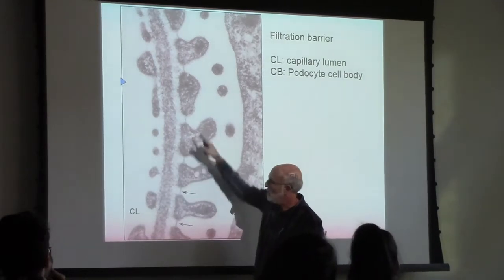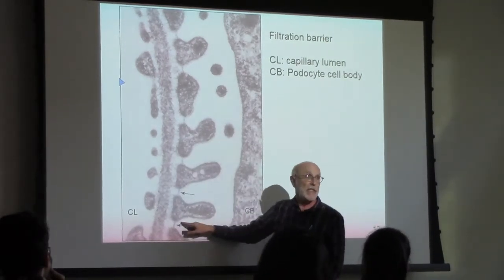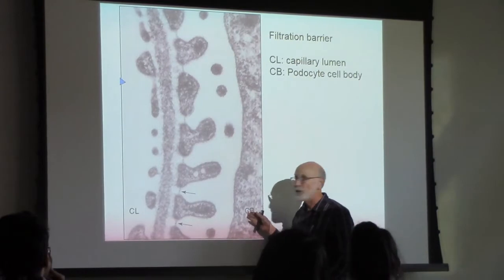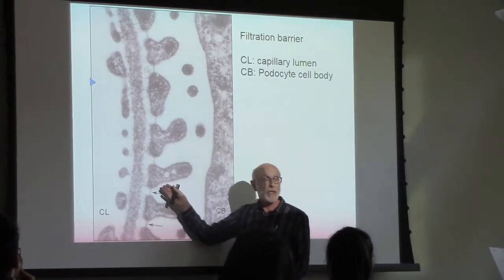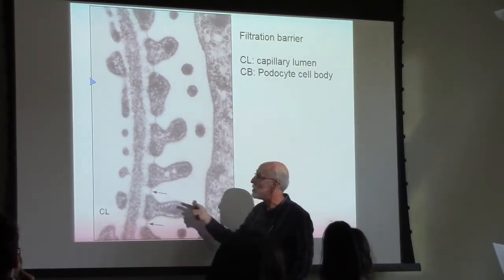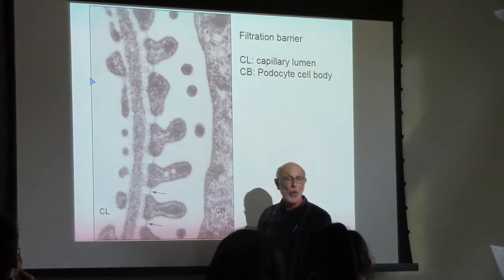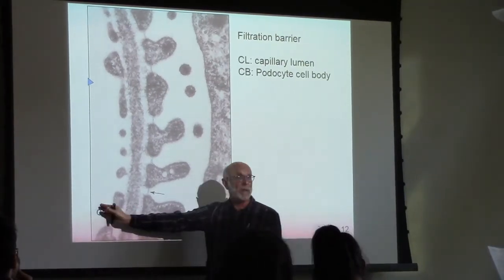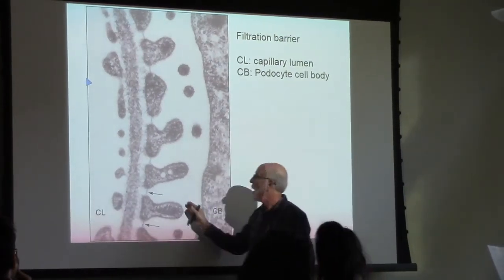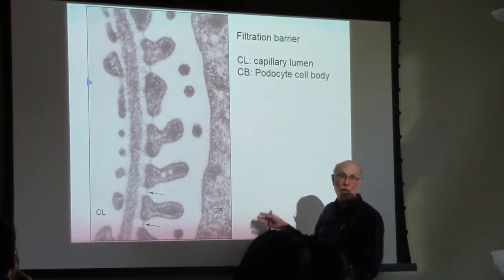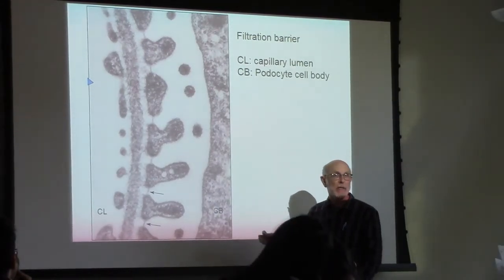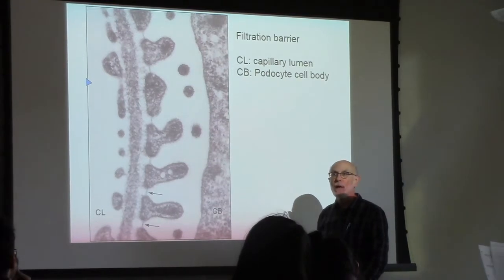And these here are the filtration slits of the podocyte in section. So you can see there are these microscopic holes between the capillary and what's going to be out here, the Bowman space. So this is how fluid flows.